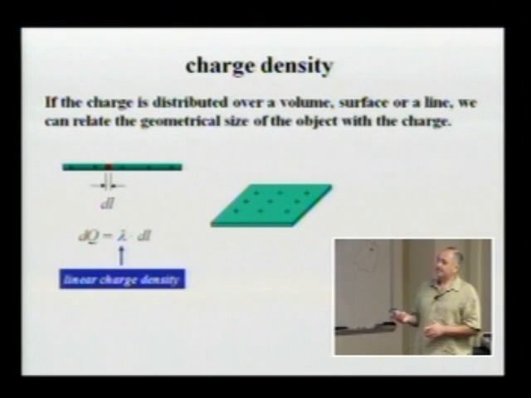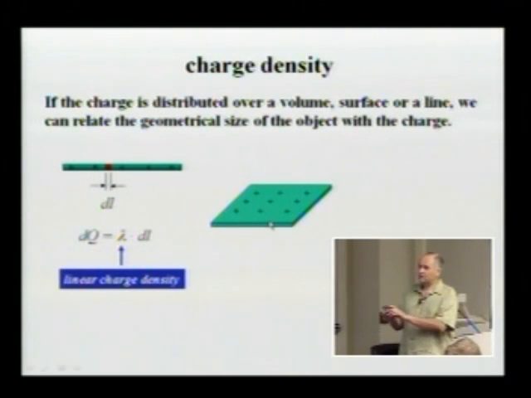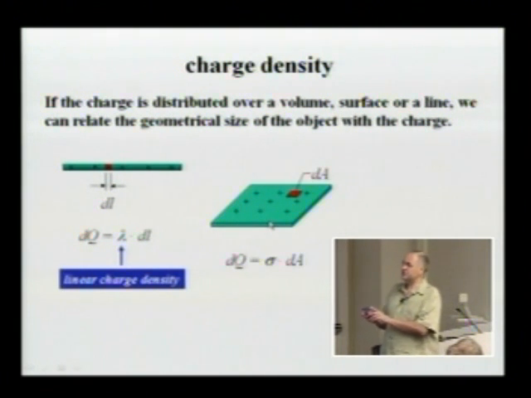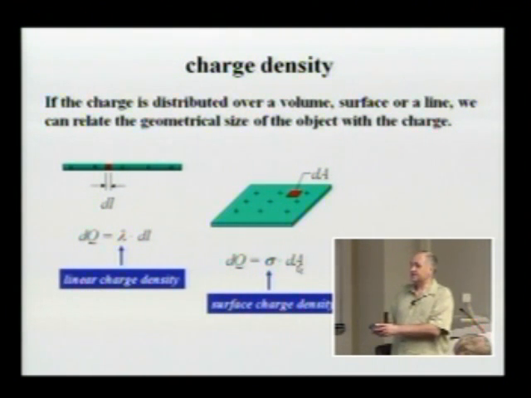In case we have a flat object like a surface, we can introduce the concept of surface charge density, and the charge of a differential segment of that sheet is going to be surface charge density multiplied by area.